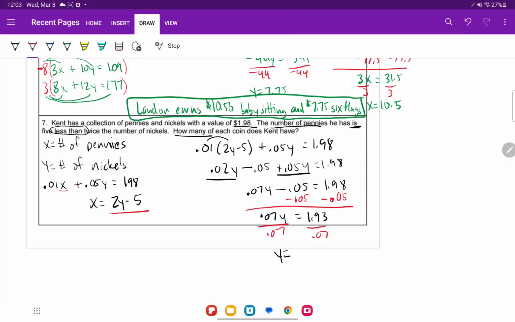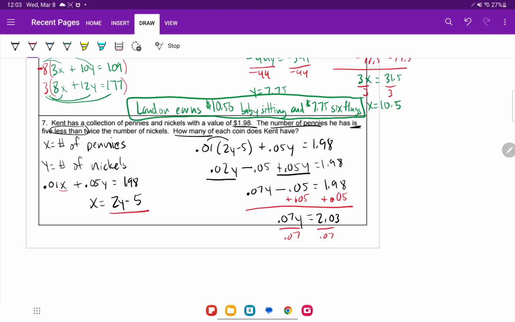So when I'm solving this, I'm going to add 0.05, not subtract it. So let's see if this takes care of my small error there. Okay, so sometimes you do have to rework those problems and make sure you are doing it correctly if you get an error. So 0.07y is equal to 2.03. Let's go ahead and divide both sides by 0.07 now.